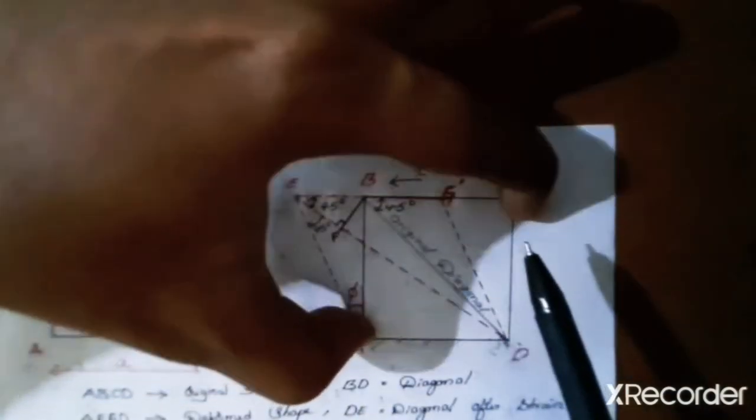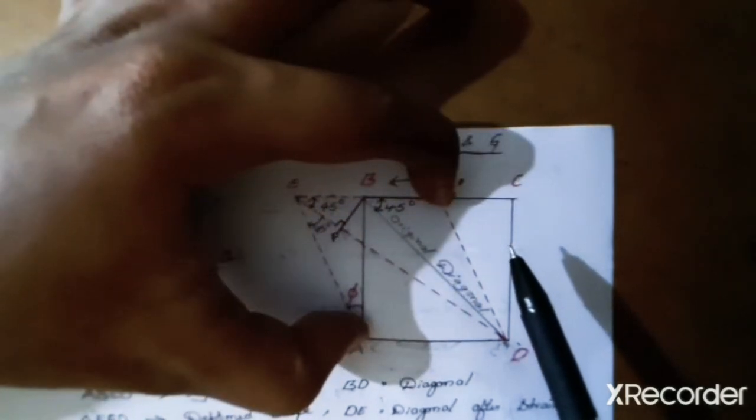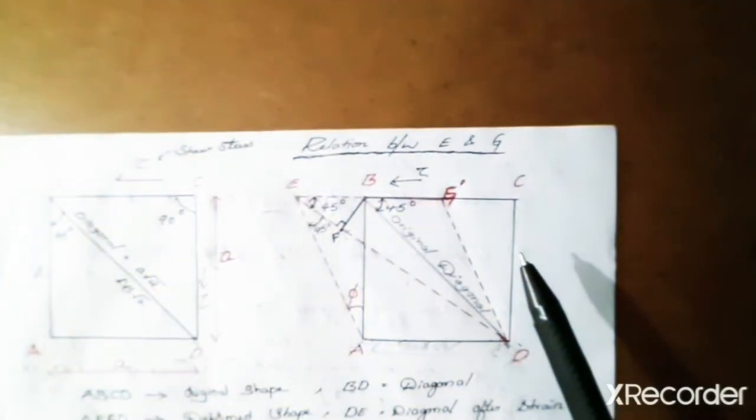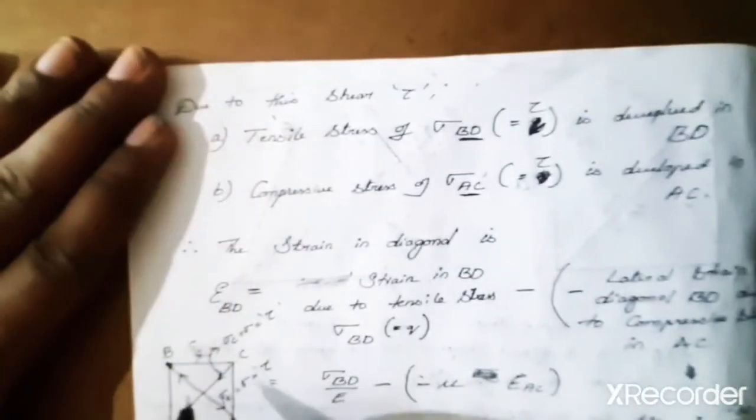After deformation, the length of the diagonal has decreased. When will that decrease? When a compressive stress is developed in that diagonal, isn't it? Now you need to know that these two triangles are at 90 degrees.